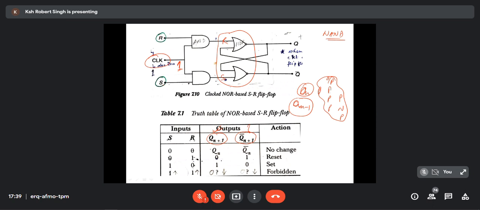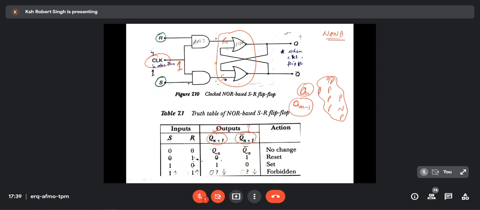So Qn plus 1 in this book is the next state, and this is the present state. Because the output of the sequential circuit depends on the present as well as the previous, based on the definition, I will think this is the previous and this is the present. That's also possible. Irrespective of flip-flop or latch, whether SR flip-flop or SR latch, these two tables hold good, true every time.